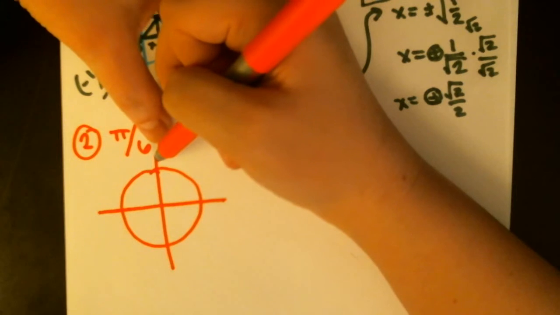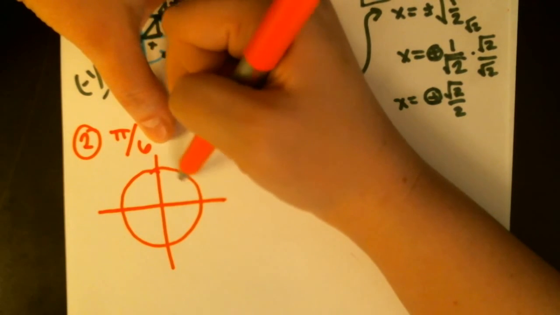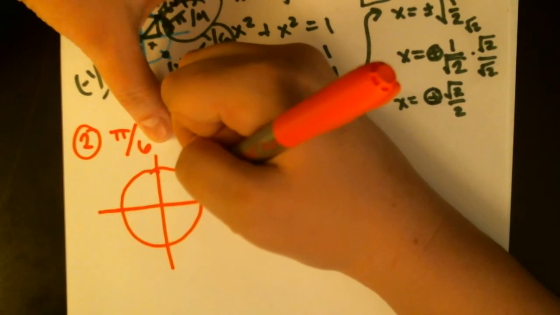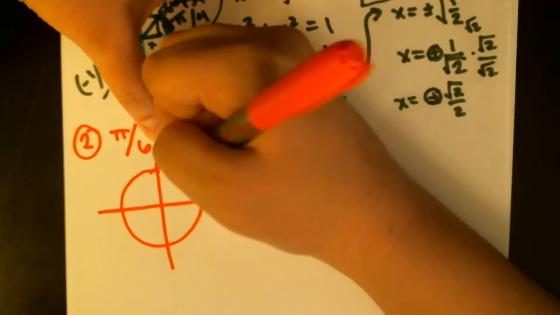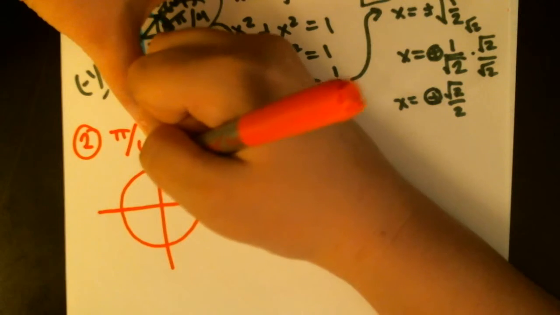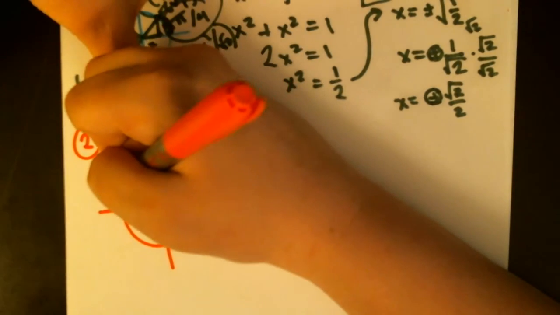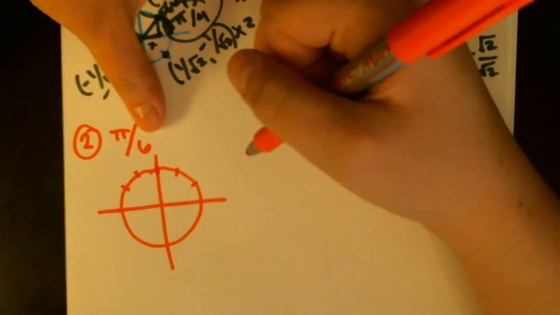So we could even say we're going to take pi over 2 and split it into thirds. A third of pi over 2 is a pi over 6. So we're going to have 1, 2, 3 pi over 6s. And then we'll need a 4, 5, 6 pi over 6s.